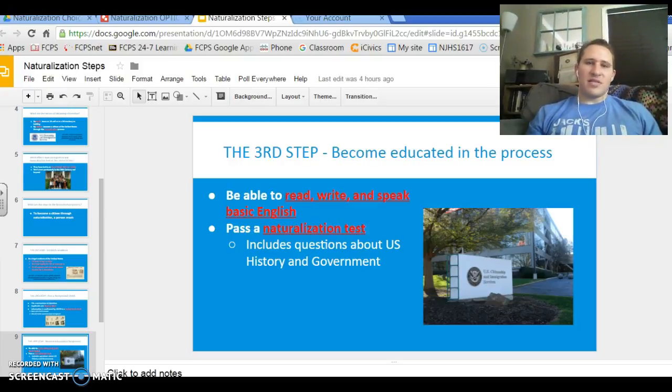If you don't pass it, you take it again in the future. If you pass it, great. And by the way, all these fees cost about $680 between the application and taking the test and so on.